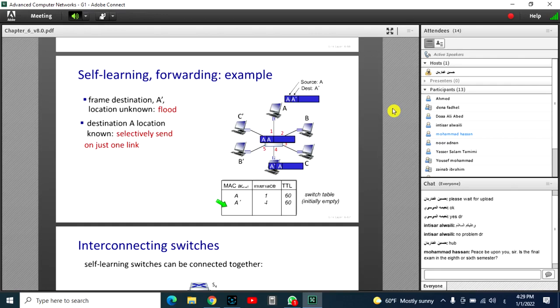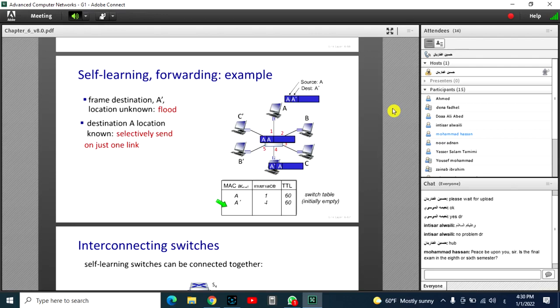So using this strategy, the switch cuts the collision domain. Collision domain means the area where, if one device sends information, the other devices must not send. They should be quiet until the end of sending, and after that they can send. Okay, this is the collision domain.